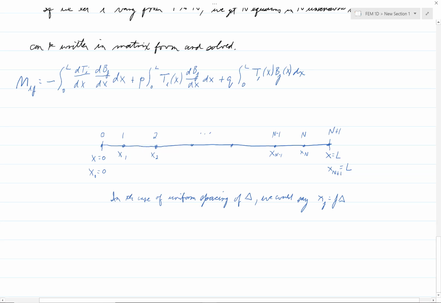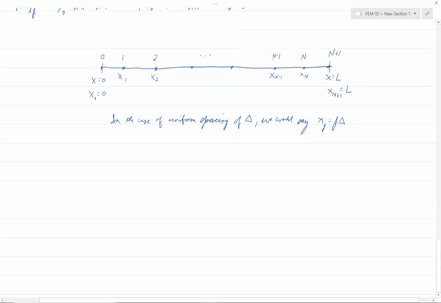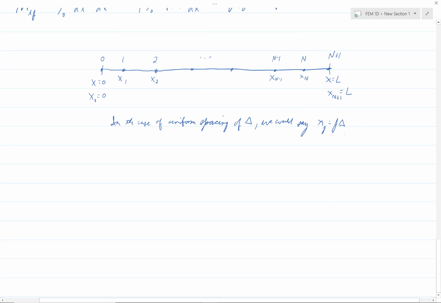The basis function. Let's say that this happens to be some node j, and here is node j plus 1.